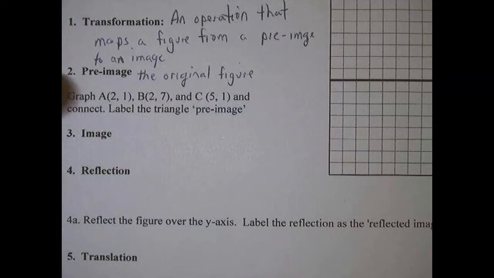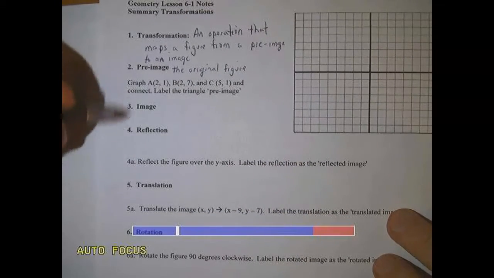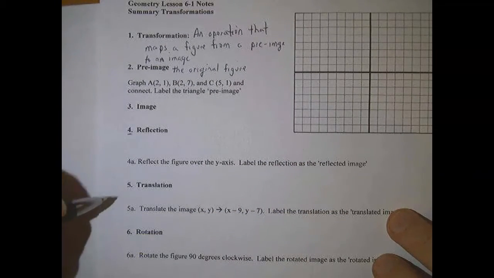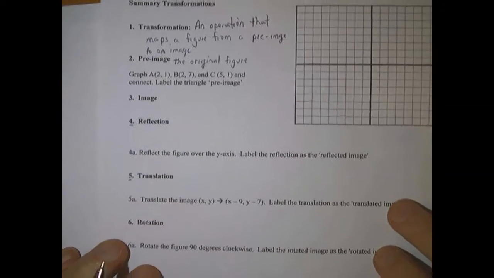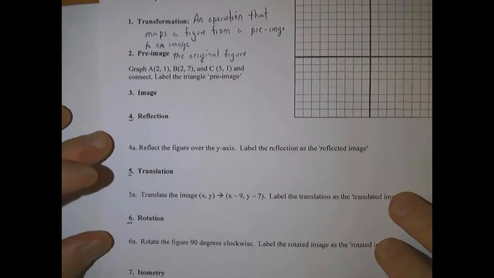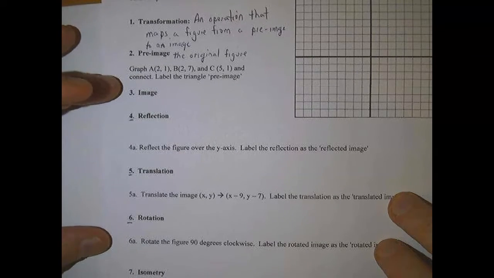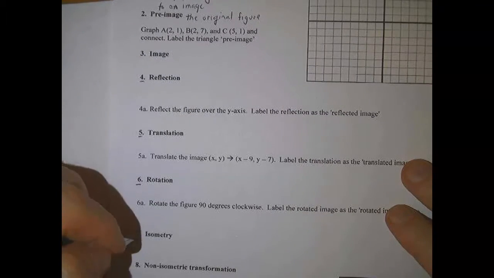And what we're going to do on this summary is look at 4 different transformations. One of them we've already discussed, which is reflections, but we're going to look at reflections again. We're going to look at a rotation, and we're going to learn a new word: all of these 3 transformations together make up the isometries.